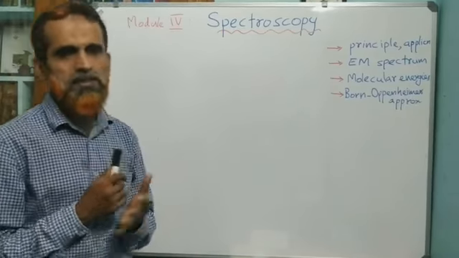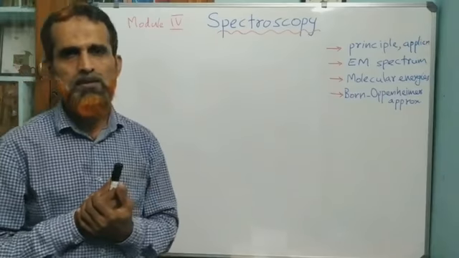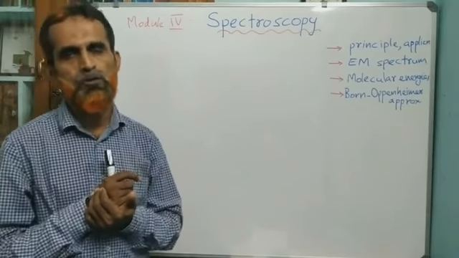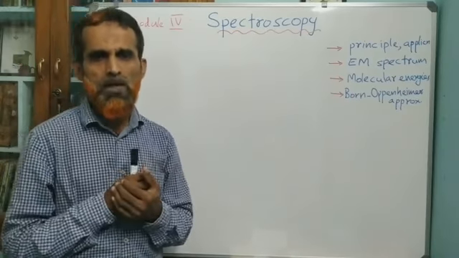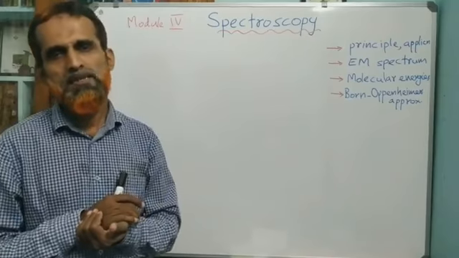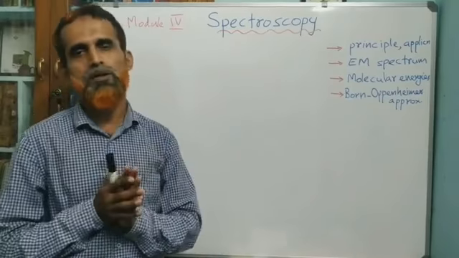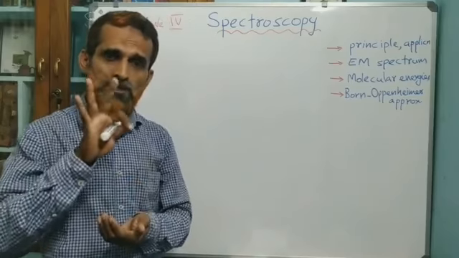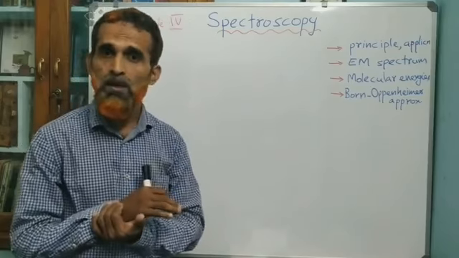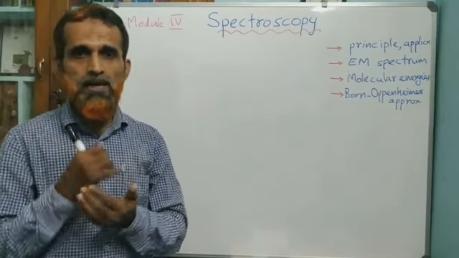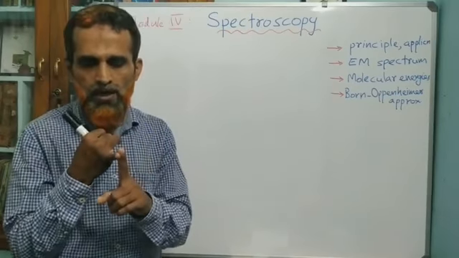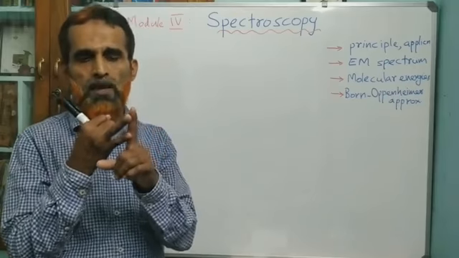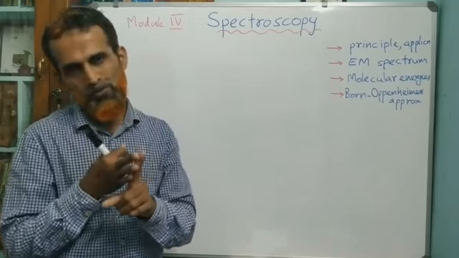So we will discuss in this class some general concepts related to spectroscopy. In one or two classes from today, we will be discussing the general introduction of spectroscopy, and after that we will enter into three specific types of spectroscopy which are coming in our syllabus, that is vibrational or IR spectroscopy, electronic or UV-visible spectroscopy, and NMR spectroscopy.